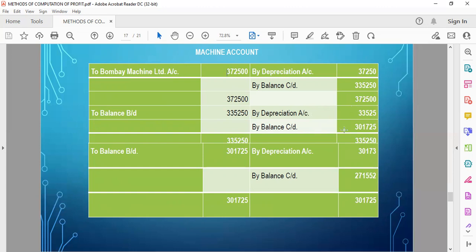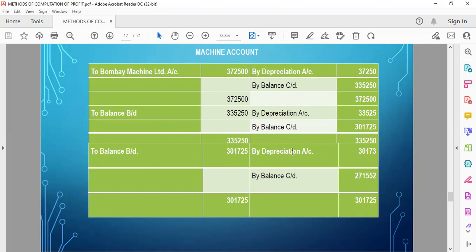Subtract it and you get 3,01,725. By balance, you put the total 3,35,250 on both sides. Then bring down this balance to balance BD. We write here to balance BD 3,01,725, right? For this amount we calculate the depreciation for the third year.